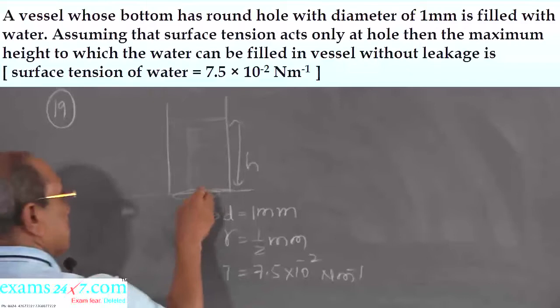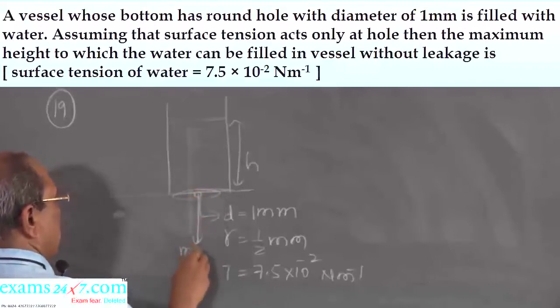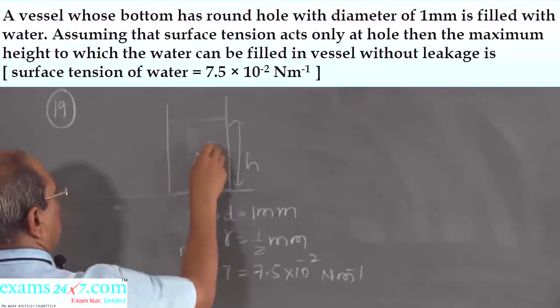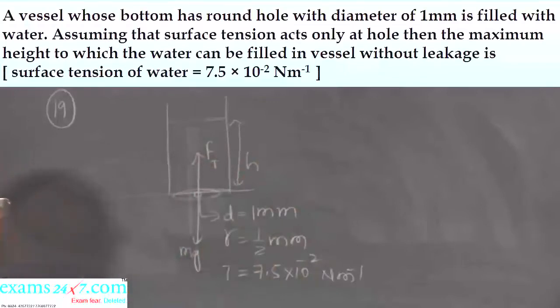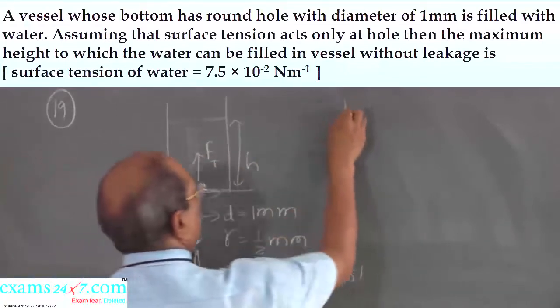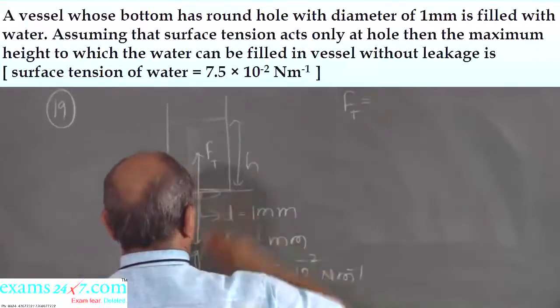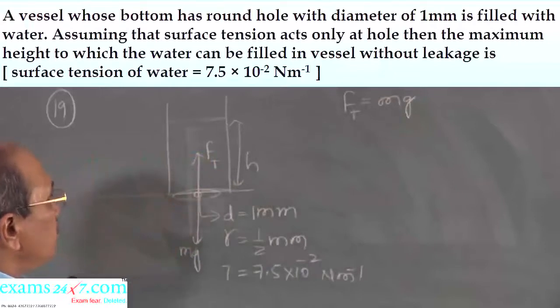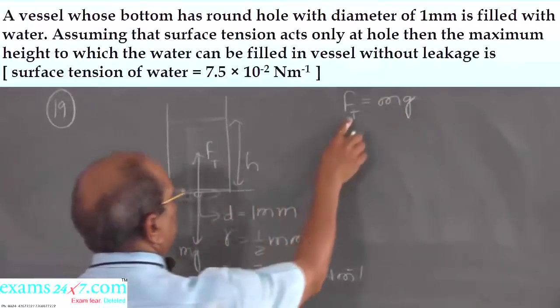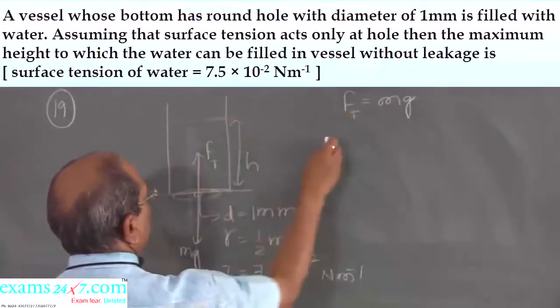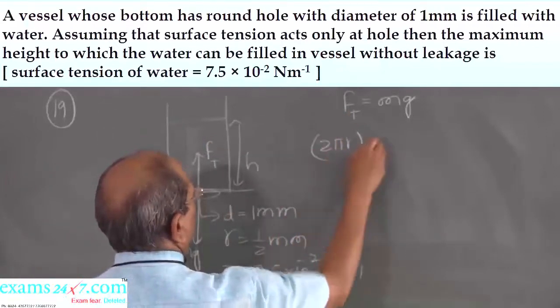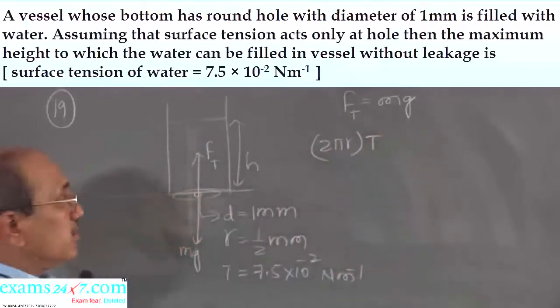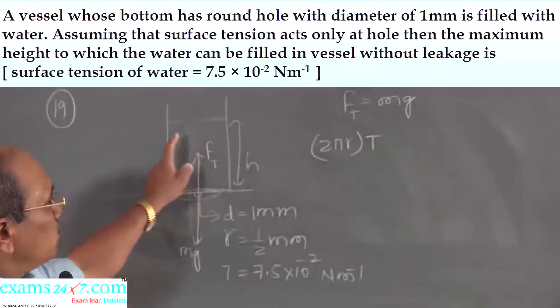We discussed that the weight of the liquid column equals the force due to surface tension. This is the principle we have to adopt to find the answer. F_T equal to mg. Force due to surface tension normally acts along the circumference, which is 2 pi r, into T. Circumference of the tube is 2 pi r.